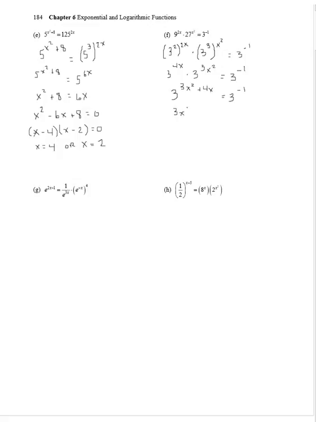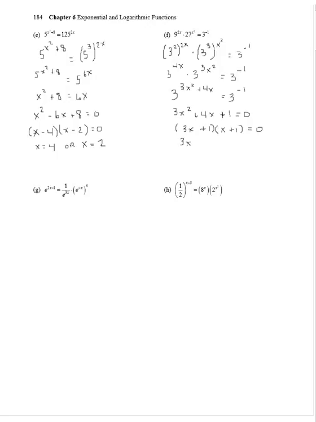So 3x² + 4x + 1 = 0. Factoring, (3x + 1)(x + 1) = 0.